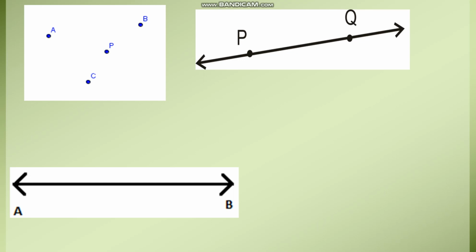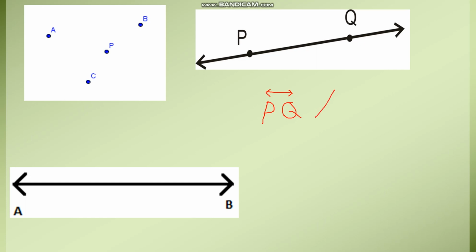This is a line, isn't it? Can you name this line? Yes, it is PQ. So line PQ. We cannot write it simply like this. We have to put the symbol of line above it. So line PQ, you can write like this.